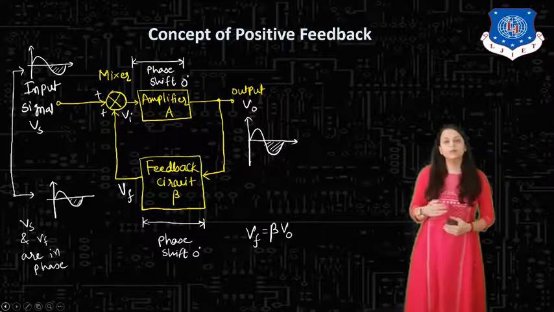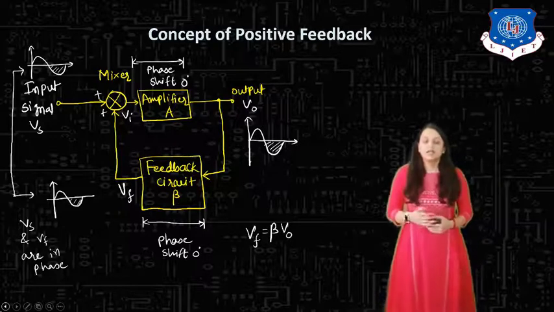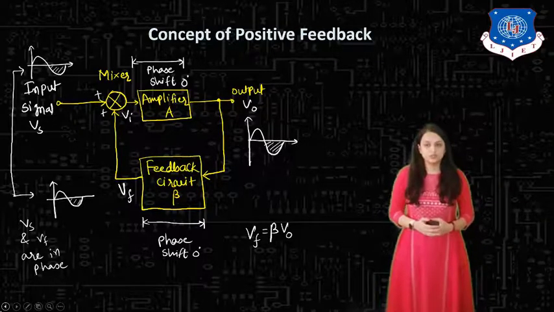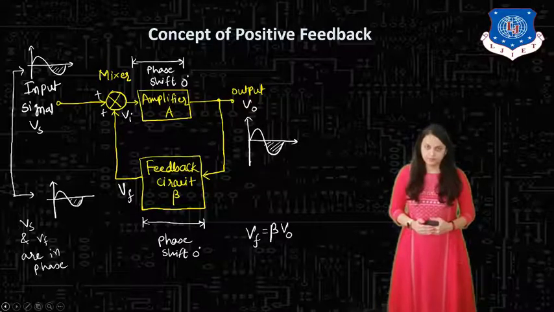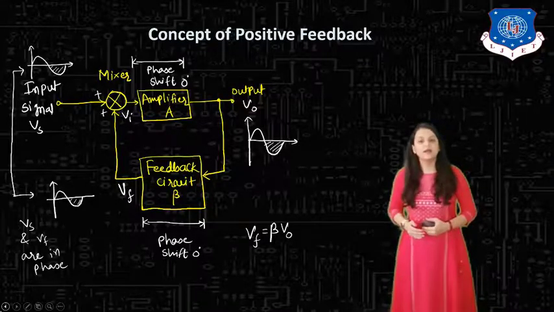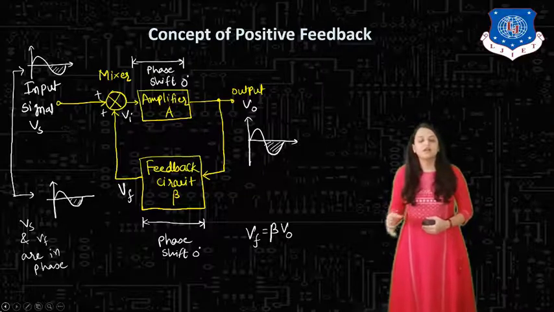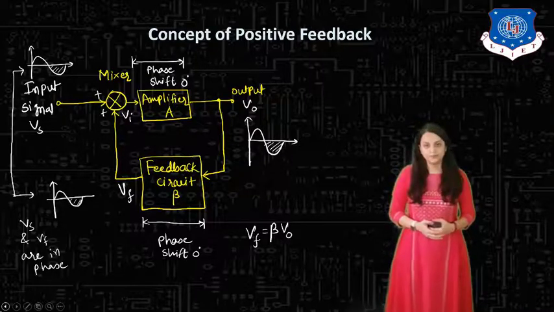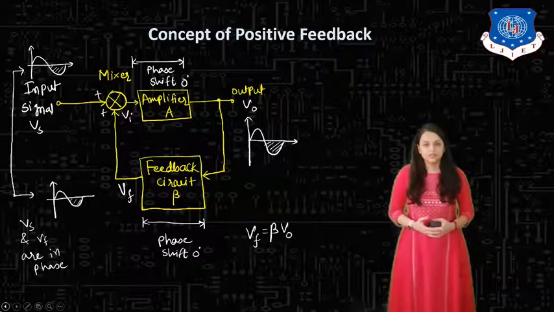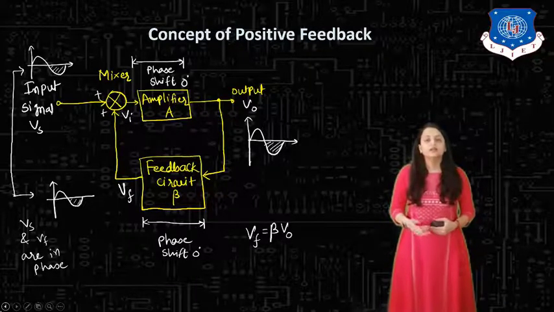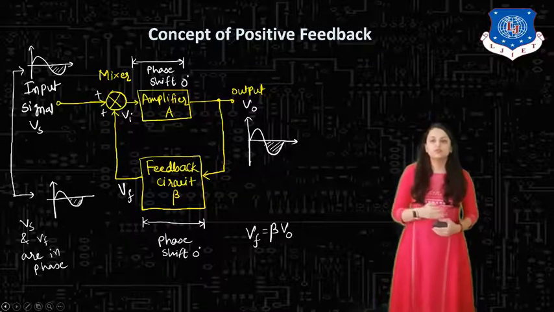It is given to the mixer. At the mixer side there are two inputs. The first one is the input signal Vs and the second one is the feedback signal, which has the feedback voltage value Vf. These two signals are given to the mixer block and the output of the mixer block is given to the amplifier block.